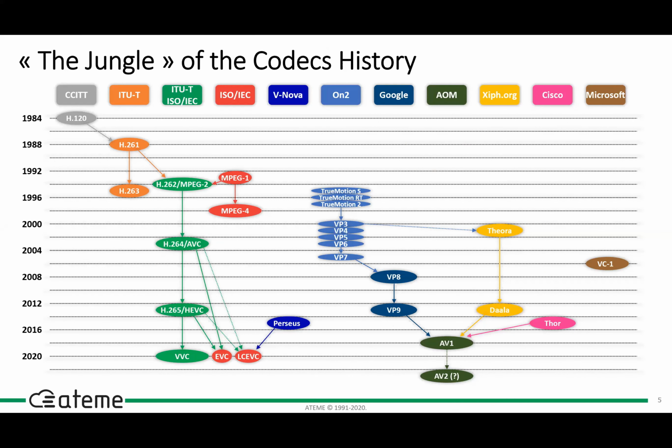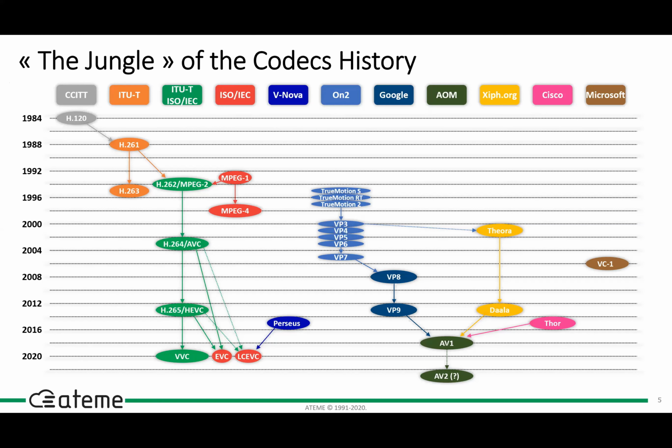So Jan was having a simpler codec history than I have here. But if I look at our market, the codecs that are used as of today are the green ones, the ones that Jan was mentioning before. And the other green ones that we are having here are AV1 and AV2. So that's the other upcoming codecs that are arriving.